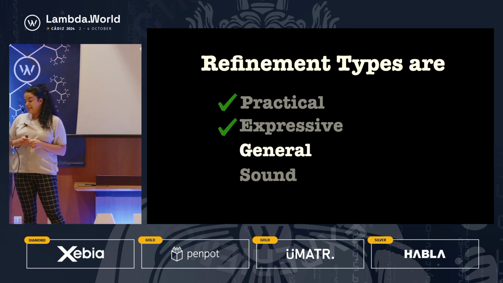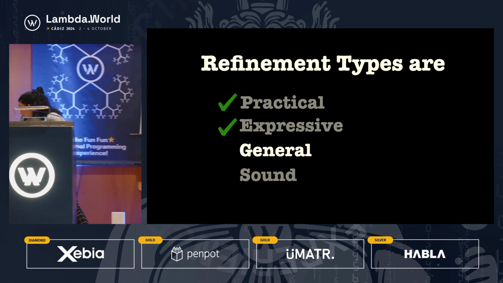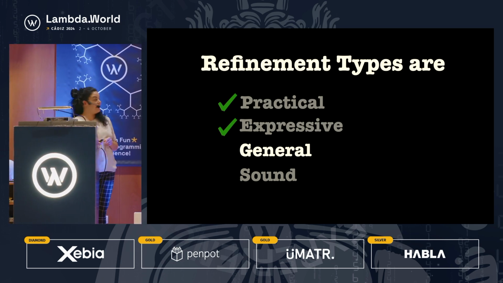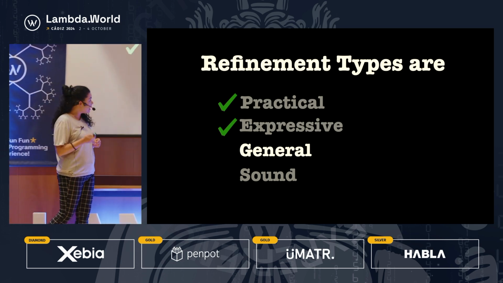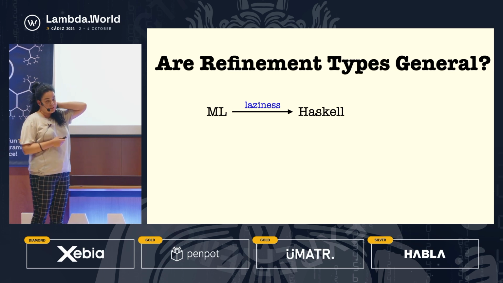And the next topic is: is it general? Is the technology of refinement types general enough? So refinement types actually started from OCaml.